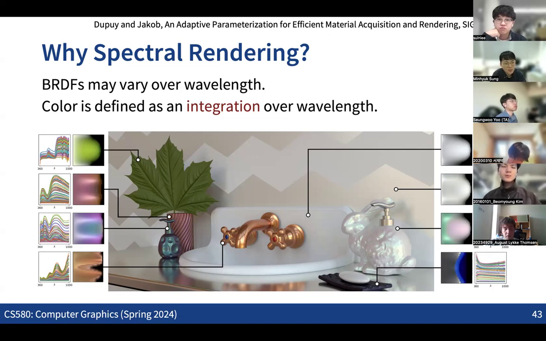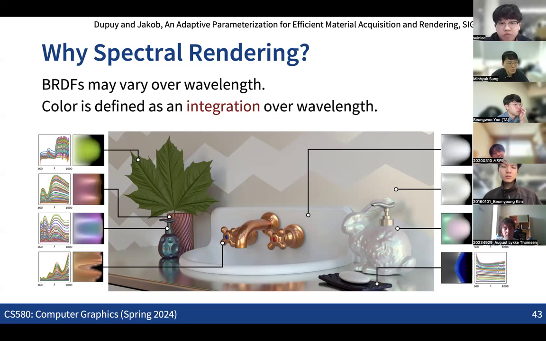So to get the color information in a more accurate way, we have multiple samples of the wavelengths, compute the radiometric quantities for those samples, and take the integral to determine the final color.